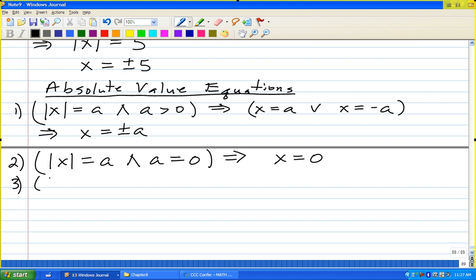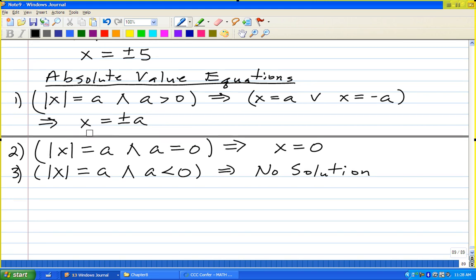Next, suppose I wanted to solve absolute value equals a, and suppose that a were less than 0. Well, you can't have an absolute value equaling a negative number, and so in this case, you'd have no solution. So basically, the way you solve an absolute value equation is that the absolute value is just plus or minus, and then you just see if you have a solution or not.